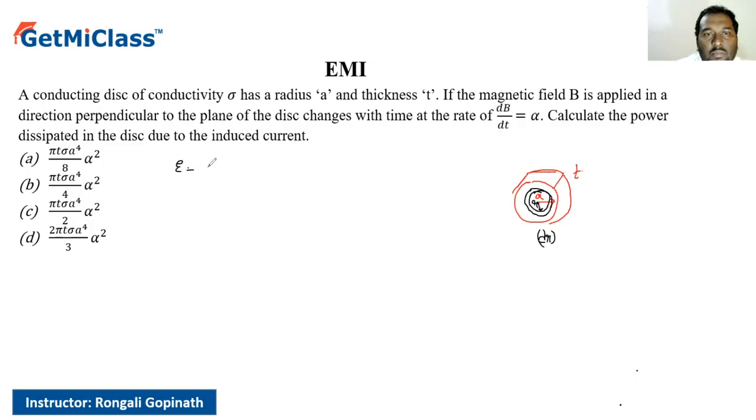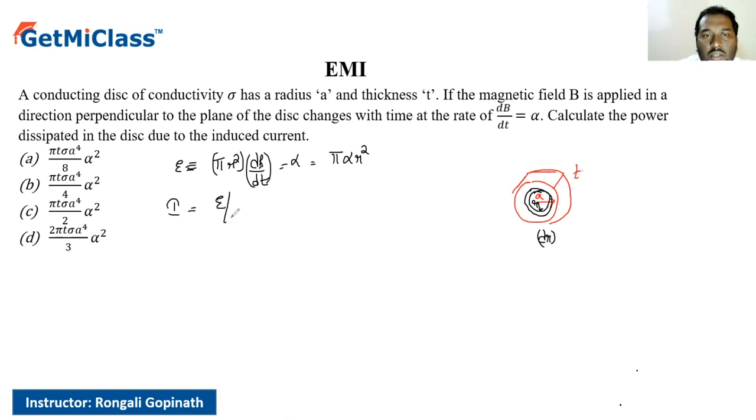EMF induced in that particular ring is dB by dt times pi R square, which is pi alpha R square. This is the EMF induced, correct? So what will be the current within this tiny ring because of this EMF?